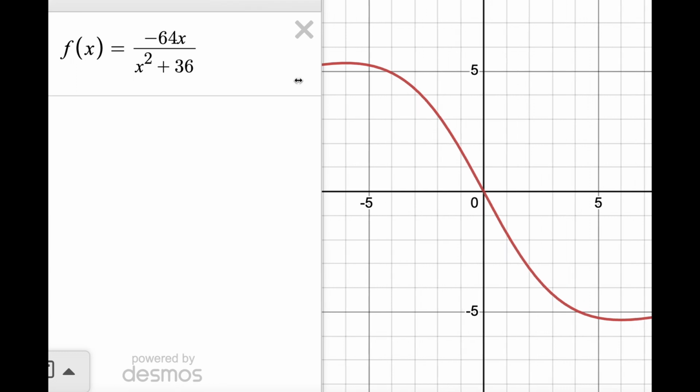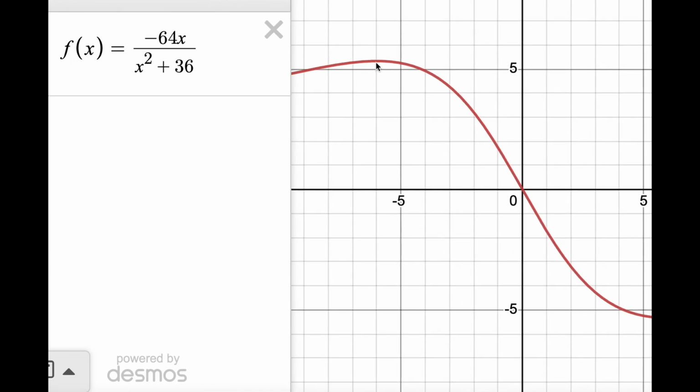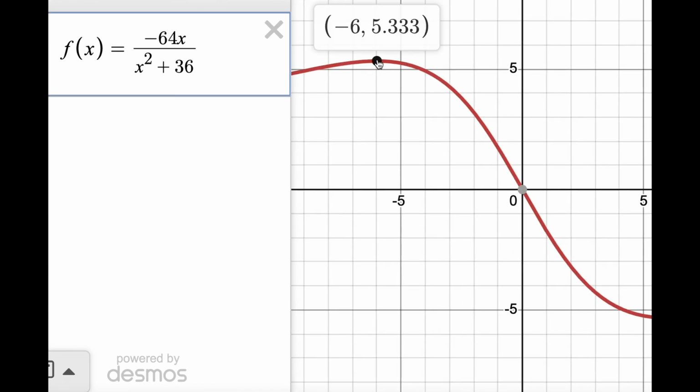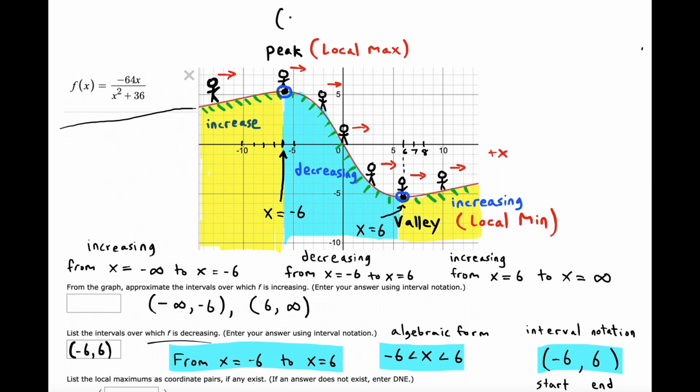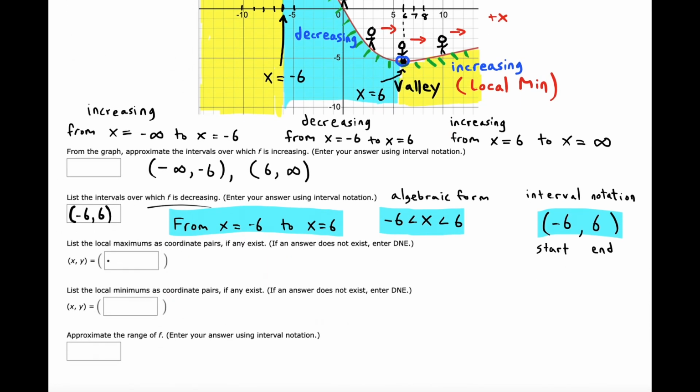In the Desmos program here, we can actually click on the peak, and it tells us that the x location of it is at -6 and his y elevation is 5.33. So the coordinates are -6, 5.333 for that local max.